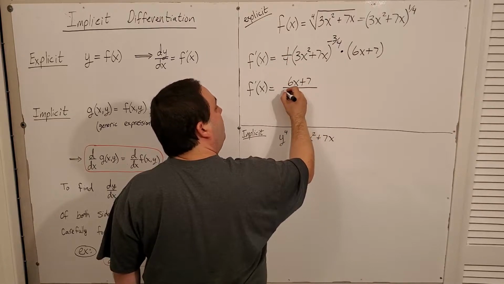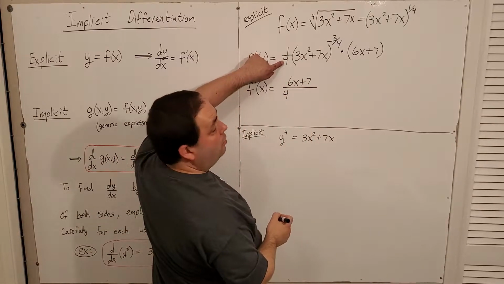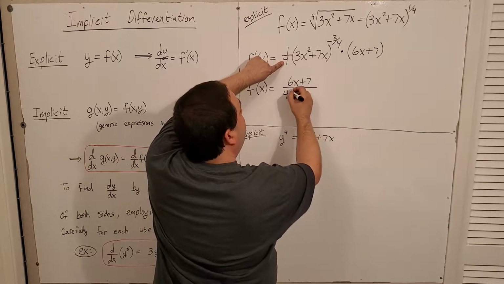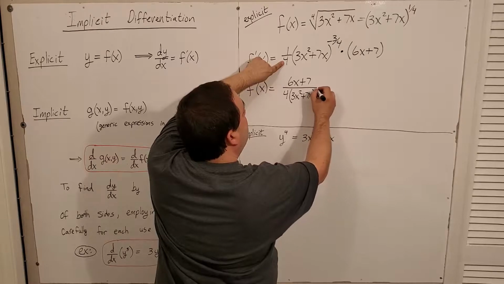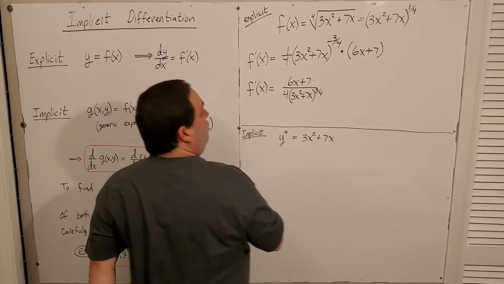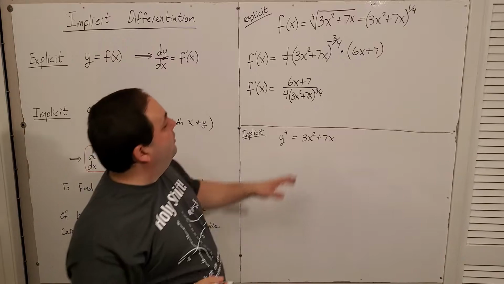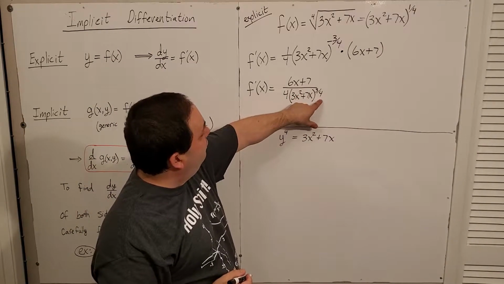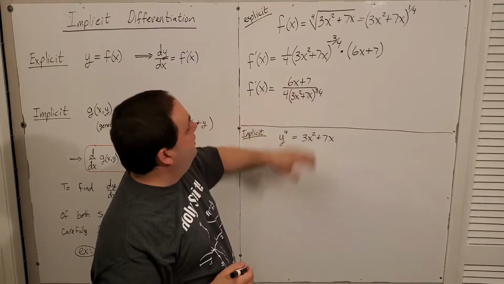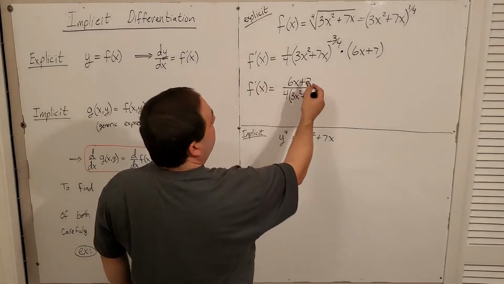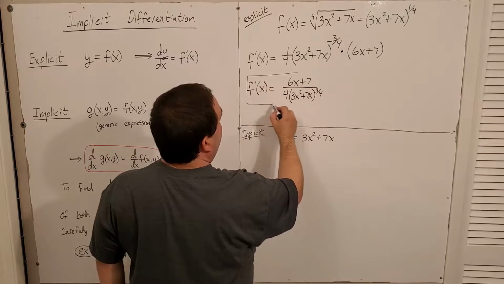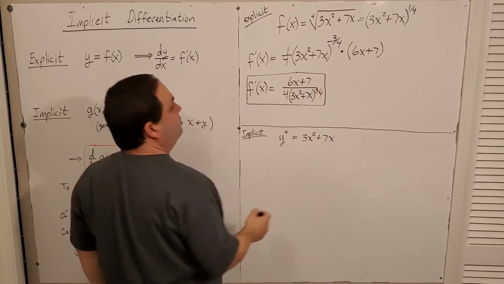In the denominator, I have the 4 from here, and I'm left with 3x squared plus 7x to the 3/4 power. And of course, at this point, it's up to you whether or not you want to write that as a 4th root and a 3rd power, or just leave it as the 3/4 power in the denominator. I'll just leave it here for now. So this is the derivative function for this function.